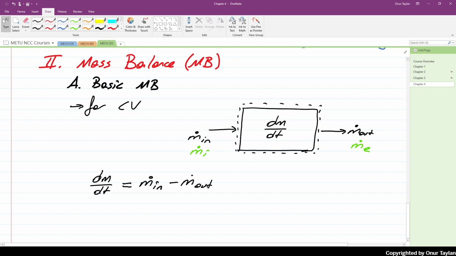Therefore, the right-hand side is the mass flow rate crossing the system boundary.